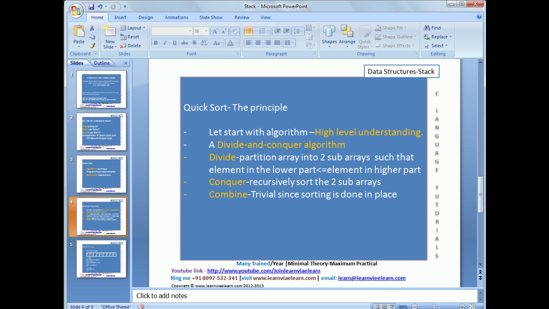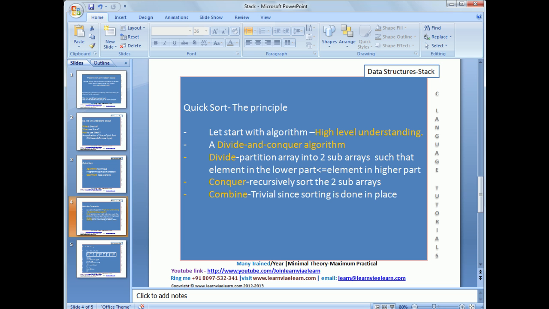First we resolve these smaller problems, and then we combine all the solved parts into one answer. If we solve the problem this way, it's called divide and conquer. So how are we going to do this in the quick sort algorithm?